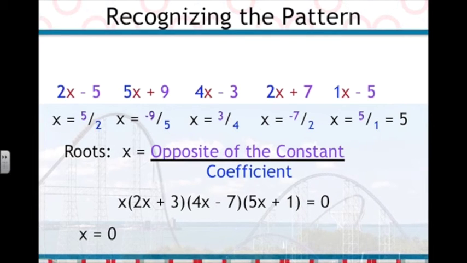The factor 2x plus 3 gives us the root negative 3 over 2. The factor 4x minus 7 gives us positive 7 over 4. And the factor 5x plus 1 gives us the root negative 1 over 5. Now we know all 4 roots.